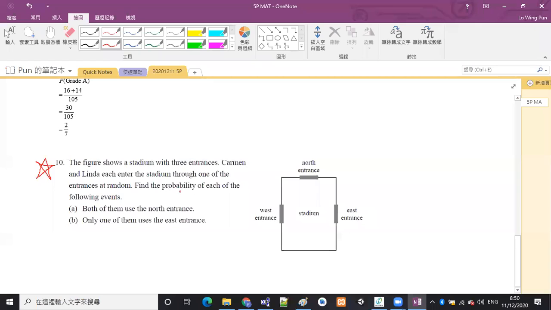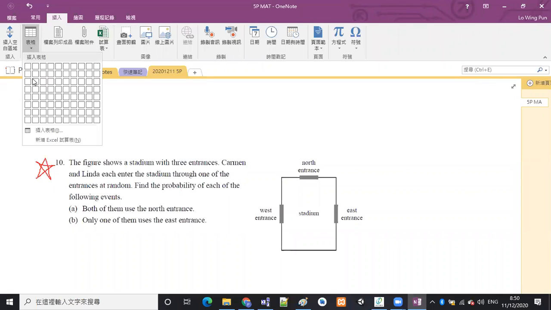Can you see this? So if there are 2 times of selection, then we are going to use a table to list out the possibilities, the combinations.